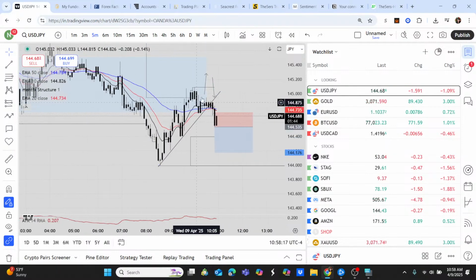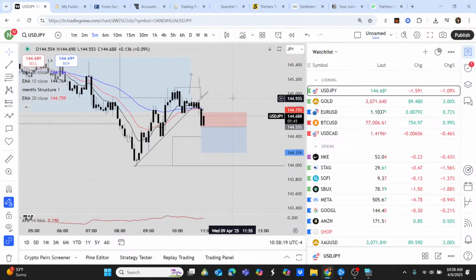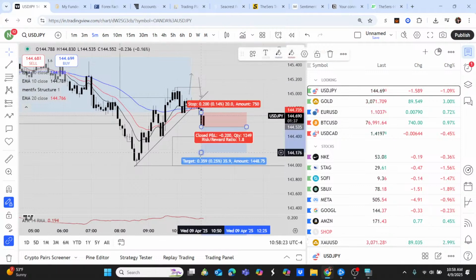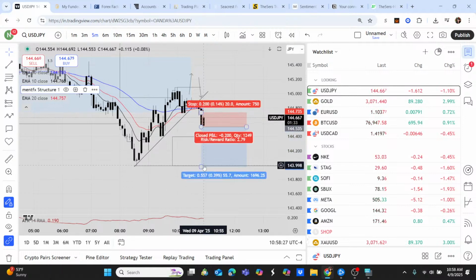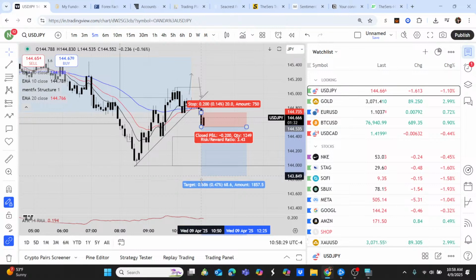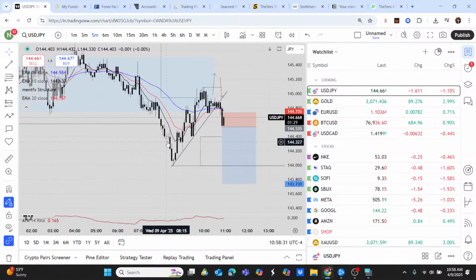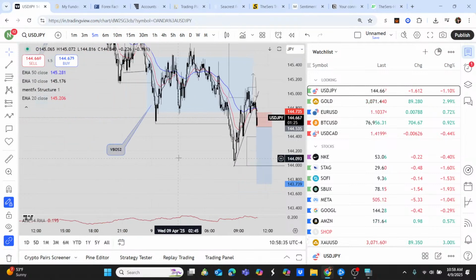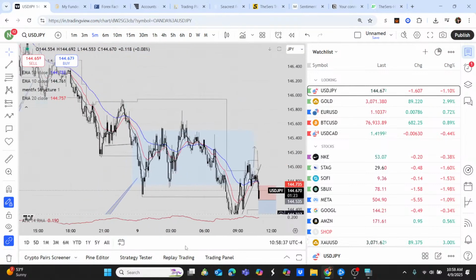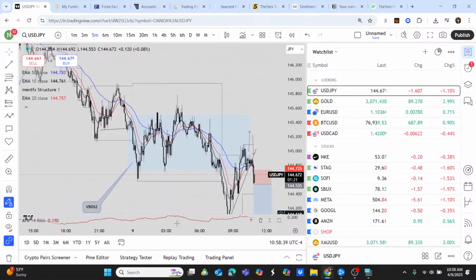I just want a one and done setup type, like I said before. And I don't have a set RR. I just manage the trade to see if I can get a run, a potential trend out of it, because we have been bearish.